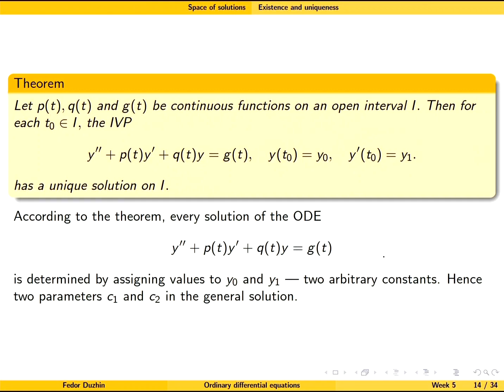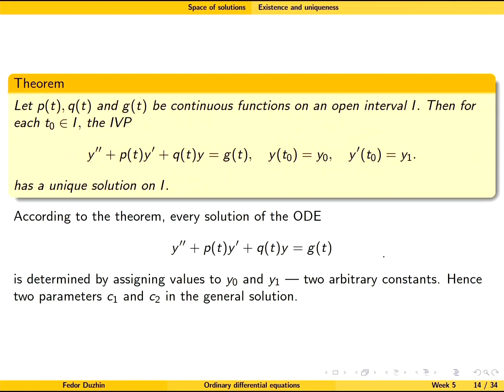The most important point that is clear immediately is that in order to specify the solution of a second order differential equation, we need to define the values of two parameters: the value of the unknown function and the value of its first derivative.